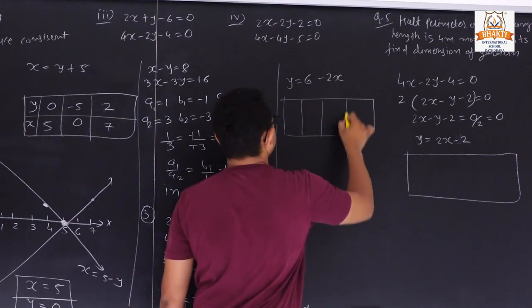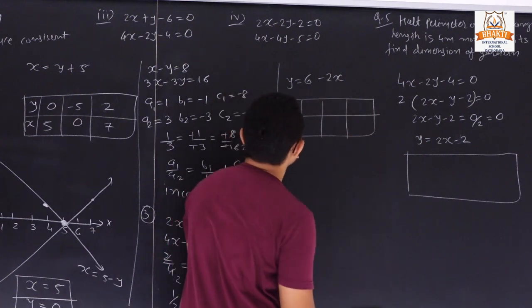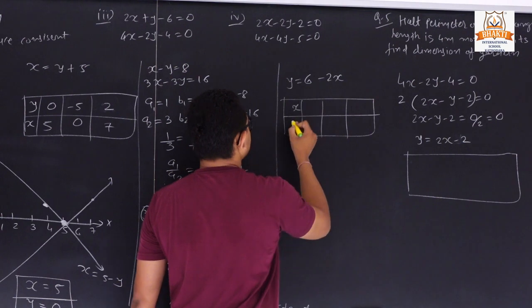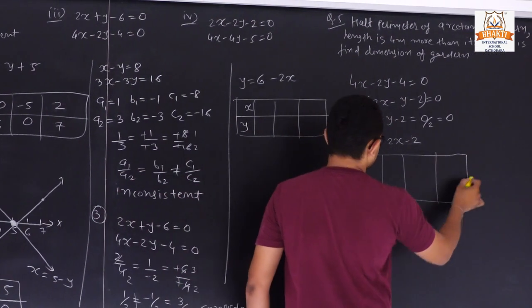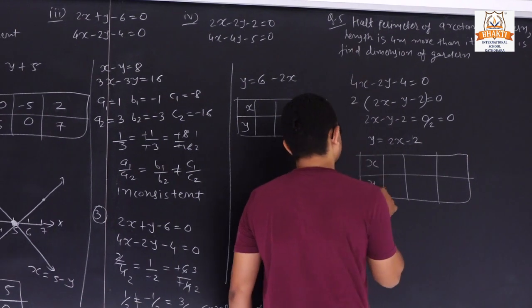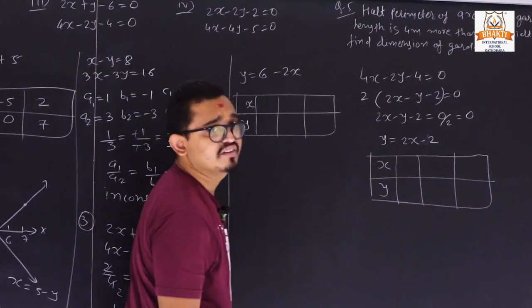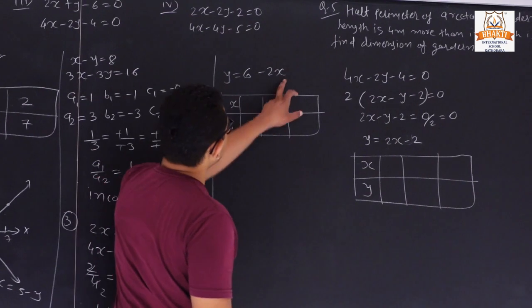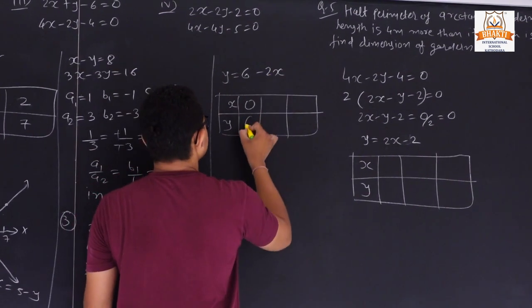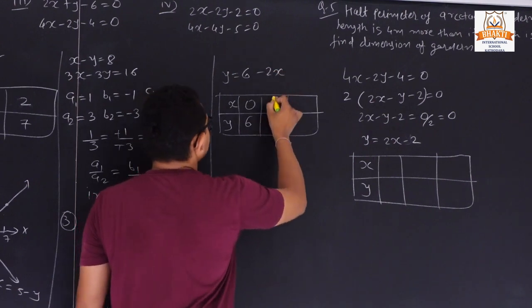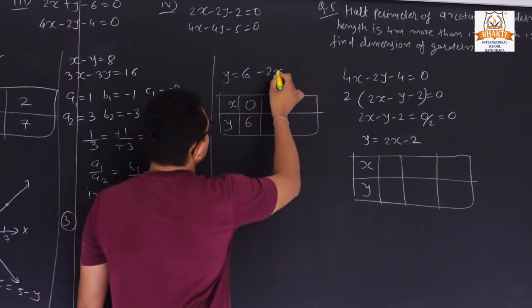Now we need to find its solution. Here I am putting the value of x and getting the value of y. Once again similarly, here I am putting the value of x and getting the value of y. First of all I am putting 0. So 2 into 0, so it is 6. Then 1, 2 ones are 2, so 4.